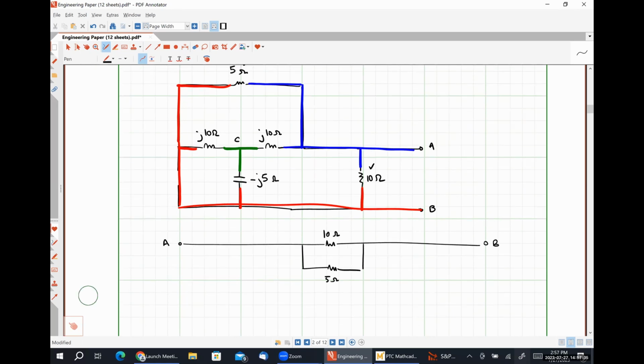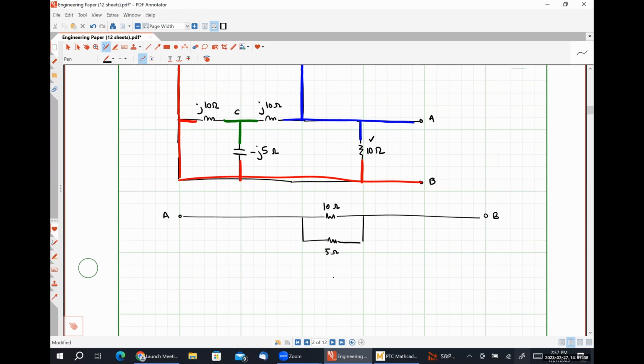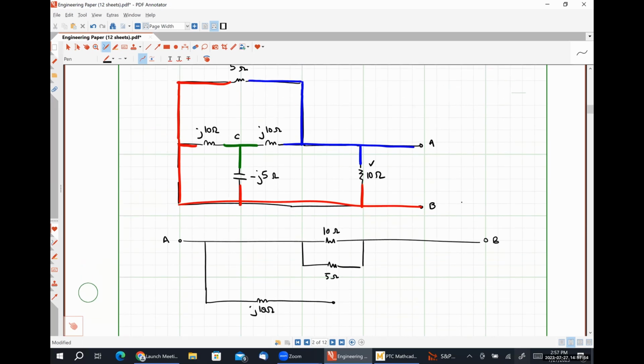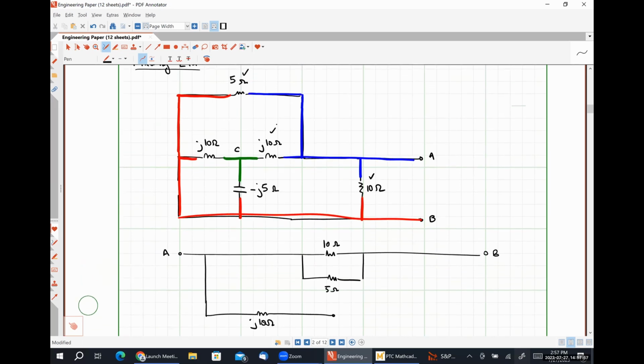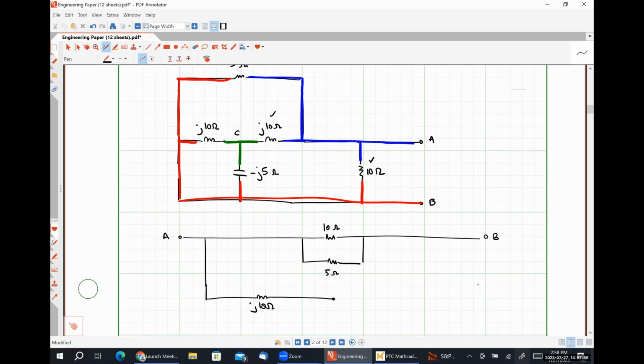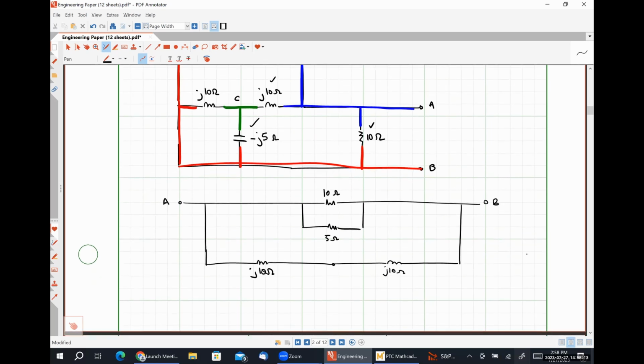Between A and C, so let's put C down here in the middle, I have a J10 ohm impedance. And then between C and B, I have a J10 ohm impedance. And I also have this minus J5 ohm impedance path between C and B.